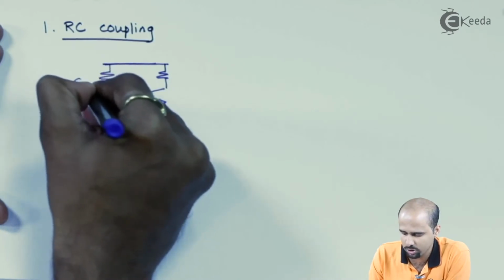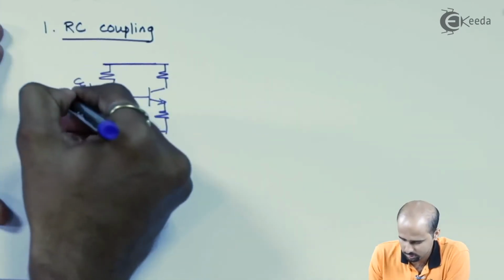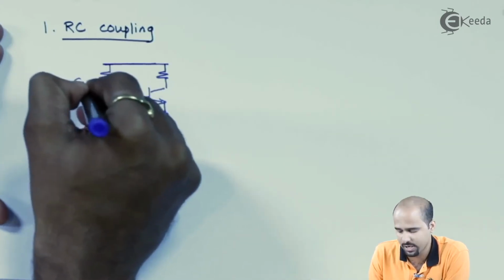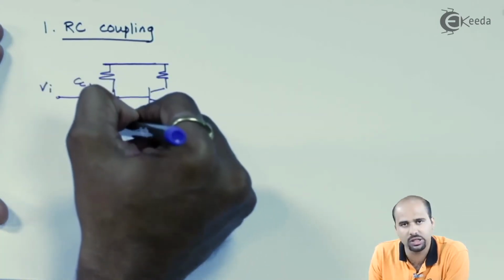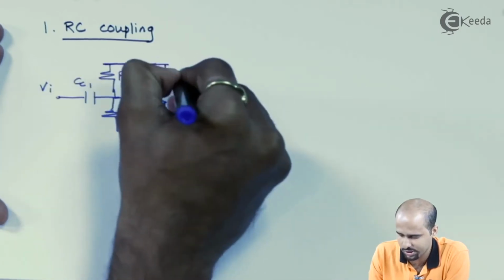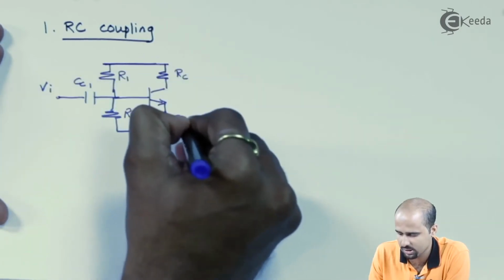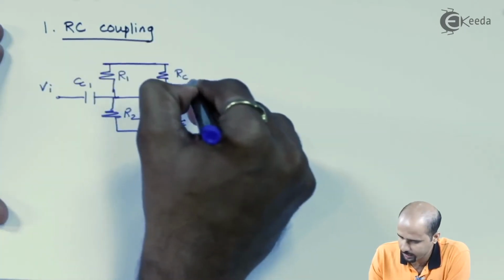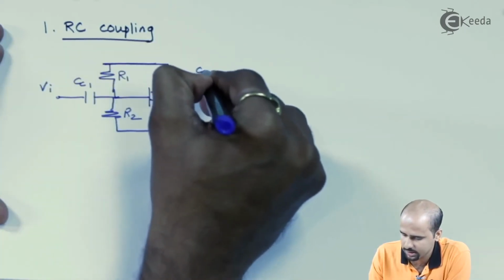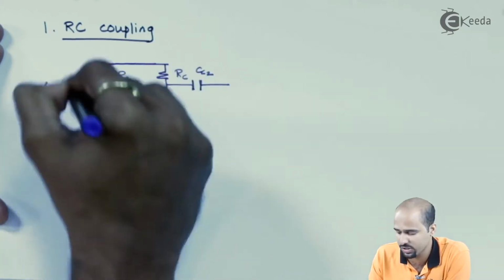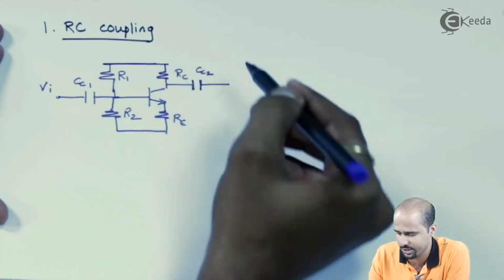This is the input coupling. The input is coupled with a capacitor and two shunt resistances, R1 and R2. This is RC and this is RE. Now here we get another capacitor, CC2, which will act as the coupling between the first stage and the second stage.